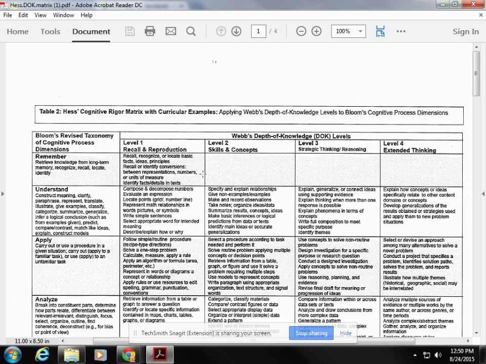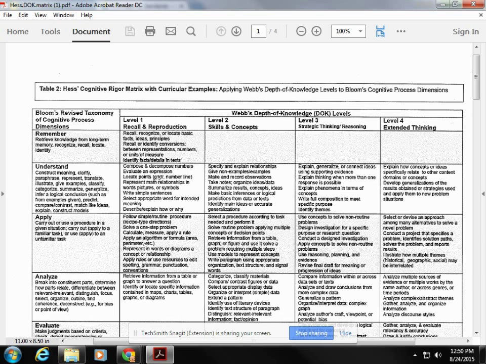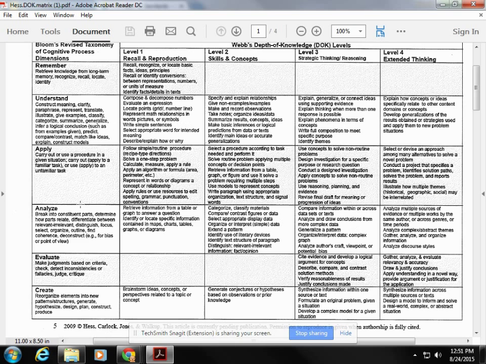I'm going to go up here, and I also want to take a look at analyze. So with analyze, here is the Bloom's column, but I also see analyze can be found in each level of DOK. Level 1 would be retrieve information from a table or graph to answer a question.